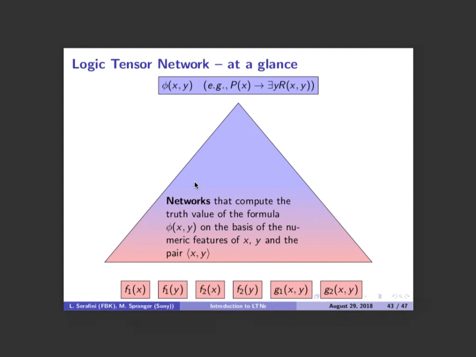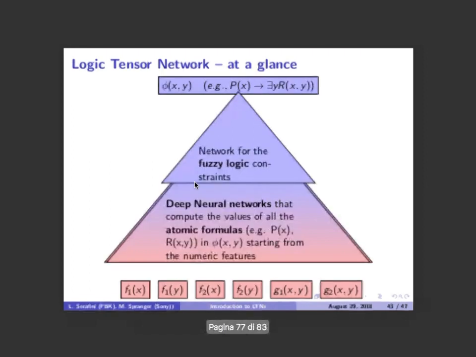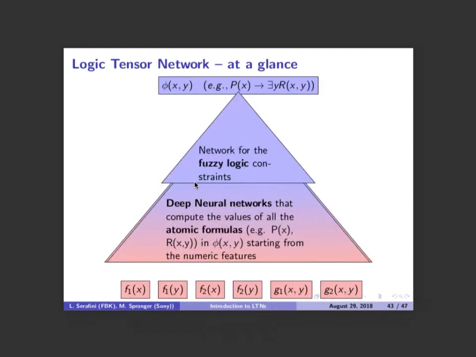And we're going to have constraints like P of X implies there is a Y such that RXY. And typically there is a deep neural network, and we were having some discussions around how to combine these things, whether, so for instance, in the semantic image interpretation task, the object recognition is done, and then you start learning of constraints on top of the result of that.